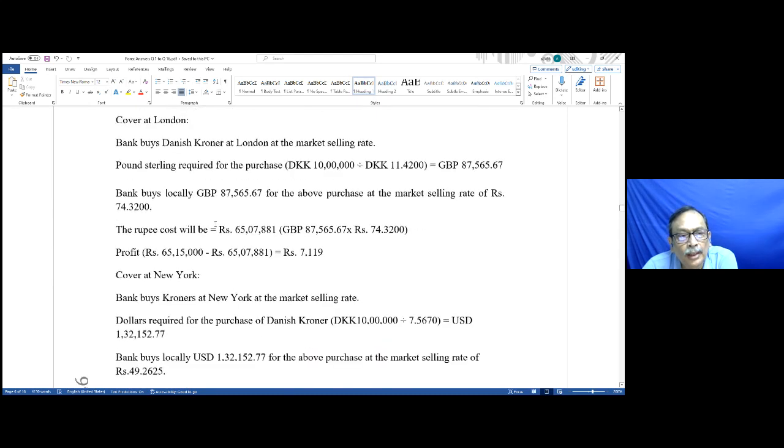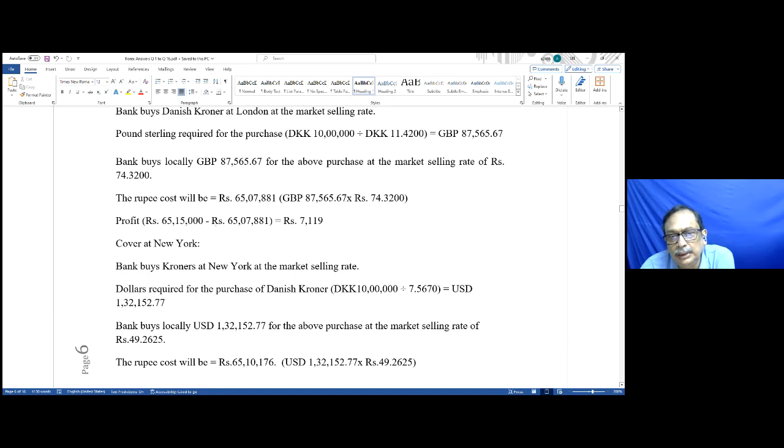The rupee cost will be GBP 87,565.67 multiplied by rupees 74.3200. It comes to 65,07,881.